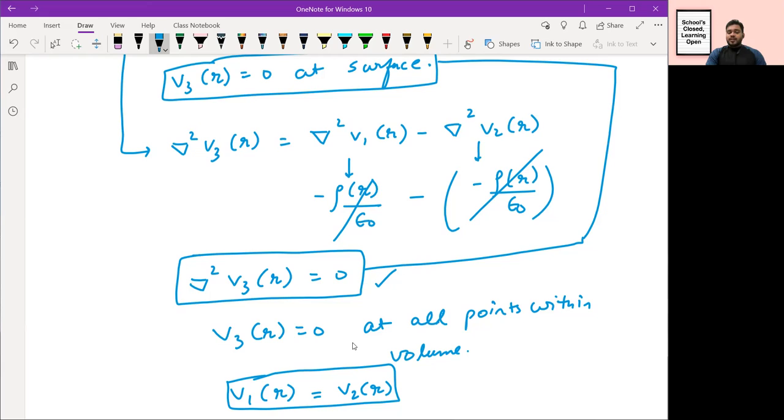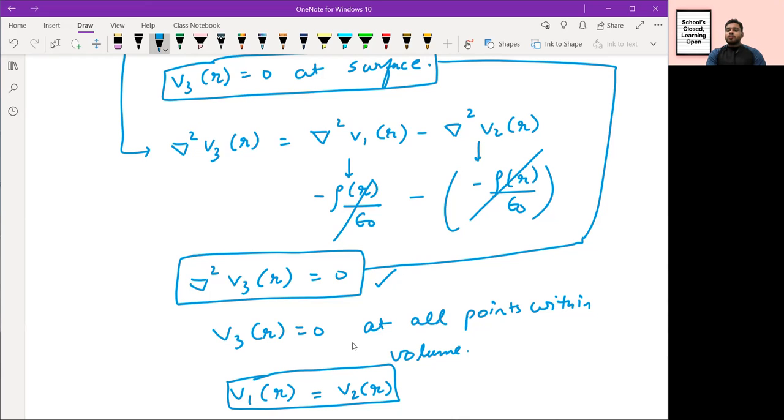Let me repeat. If we have a unique charge distribution in a closed surface and potential is defined at the surface which is fixed with time, then there will be a unique solution of potential, or unique potential function, within that closed surface. There cannot be two solutions.